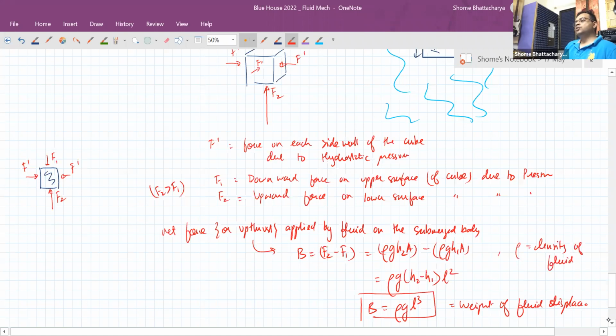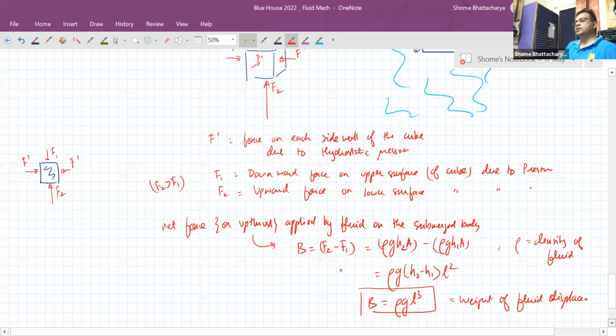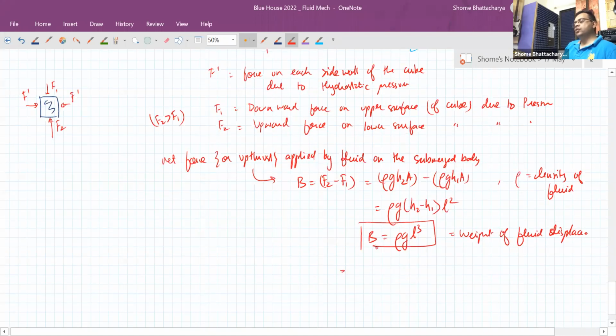Now we have shown this for a cubical shape, but for any shaped body inside a fluid, its lower surface will experience more pressure than its upper surface. That pressure difference into the area will always result in a net upward force equal to this relation: the density of the fluid into the volume submerged, which in this case is L cube, into g.